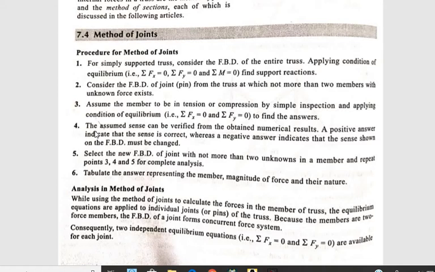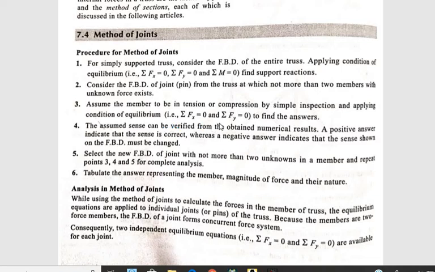Now number 4: the assumed sense can be verified from the obtained numerical results. A positive answer indicates that the sense is correct, whereas a negative answer indicates that the sense shown on the FBD must be changed. If we have assumed tension and it becomes negative, that is compression, then we have to change the sign.